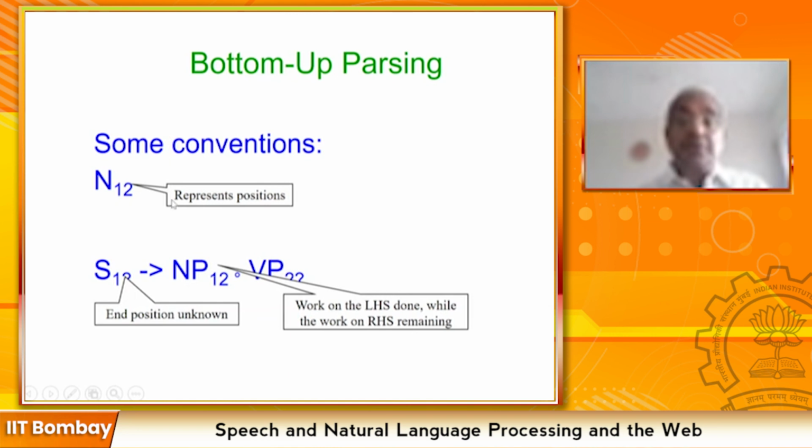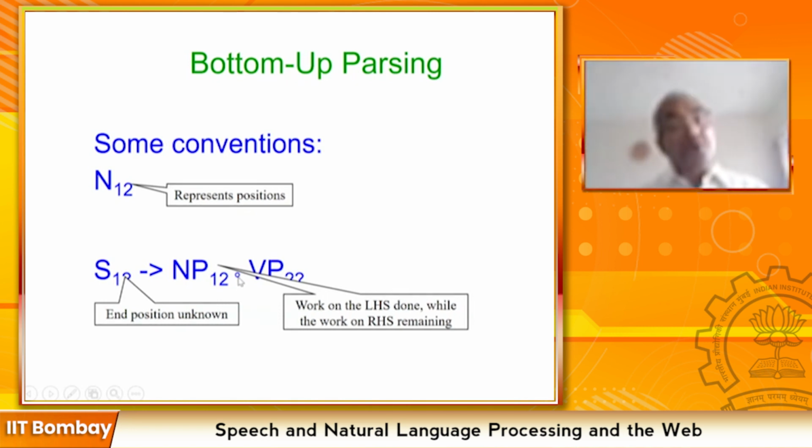So the whole thing is controlled by these positions and this dot symbol, which in programming languages or compilers is called a handle. Parsing came into computer science from linguistics. It is not the other way. Parsing came from linguistics into computer science. This is an important contribution of linguistics to computer science. So handle is a term introduced by compiler technology people.